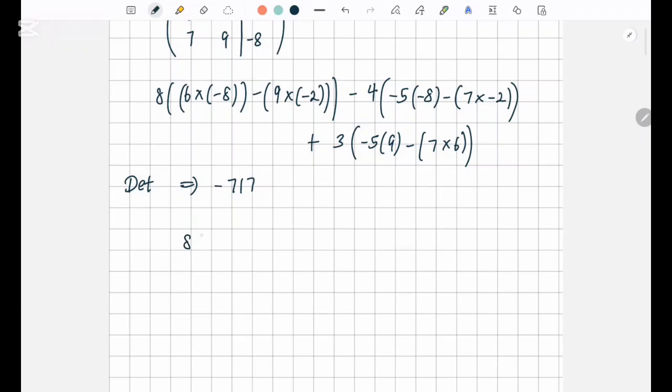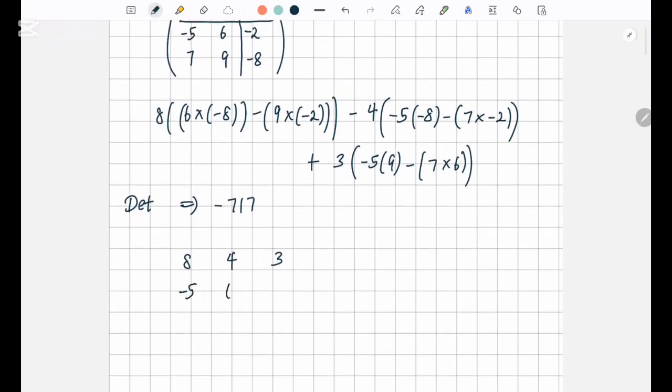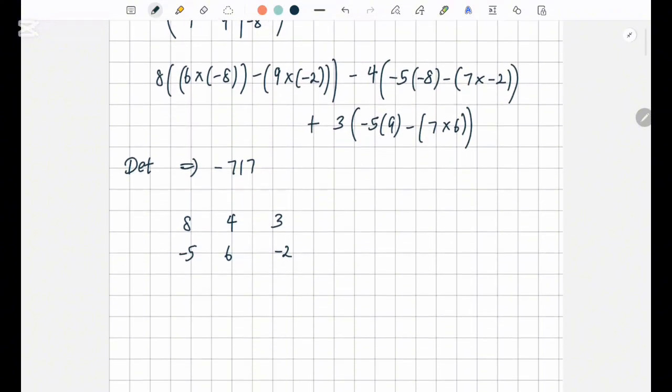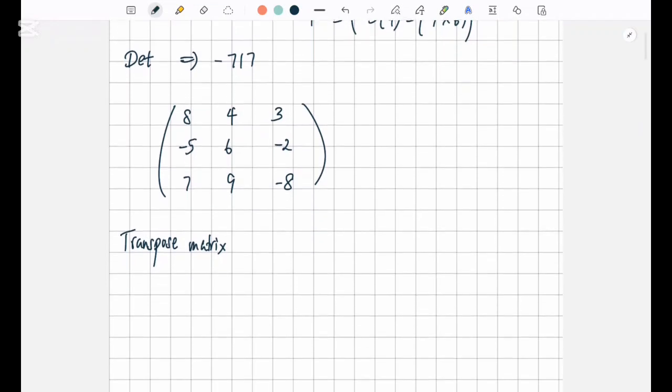Now I'll write down the matrix again: 8 4 3, minus 5 6 minus 2, 7 9 minus 8. Now we have something called the transpose matrix. The transpose matrix is where every single row of your matrix gets rotated into a column.